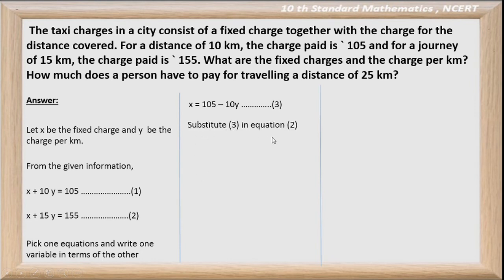Substitute 3 in equation 2. Now we will get, see here, instead of this x we are giving that 105 minus 10y, plus the remaining part, which is the remaining part? See 15y. 15y equal 155. Now, minus 10y plus 15y, how much?